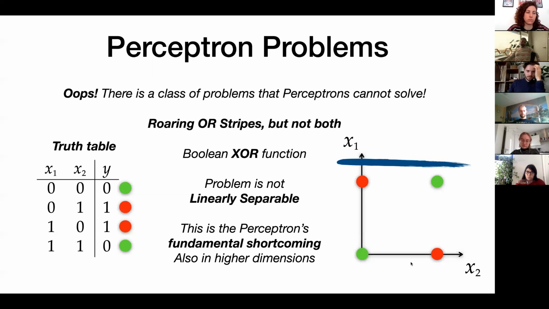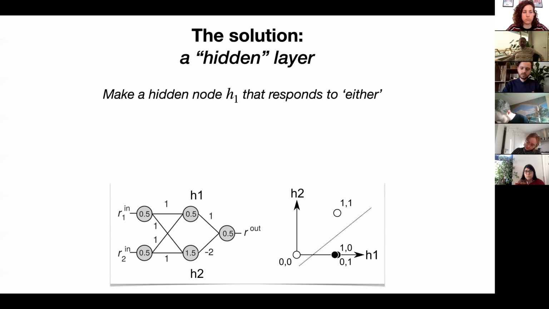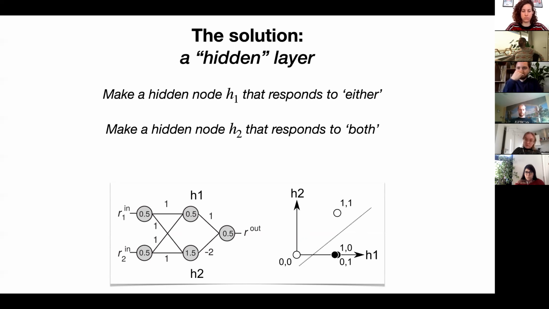Now, of course, we wouldn't have all this deep learning stuff if smart people hadn't already thought of a solution. And it's actually a very simple solution. It again takes a part of the knowledge that we have of the biological brain, namely that it has more layers, to find the solution to this problem, which is just to add a hidden layer. So we can make a hidden node H1 that responds to either, and make a hidden node H2 that responds to both.